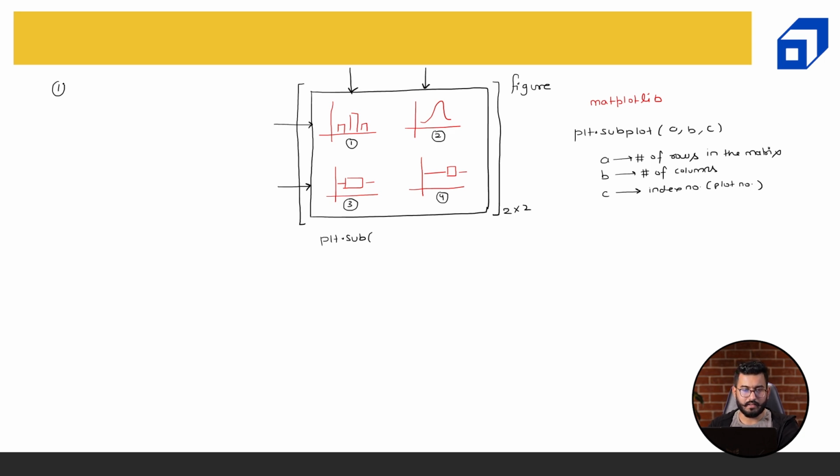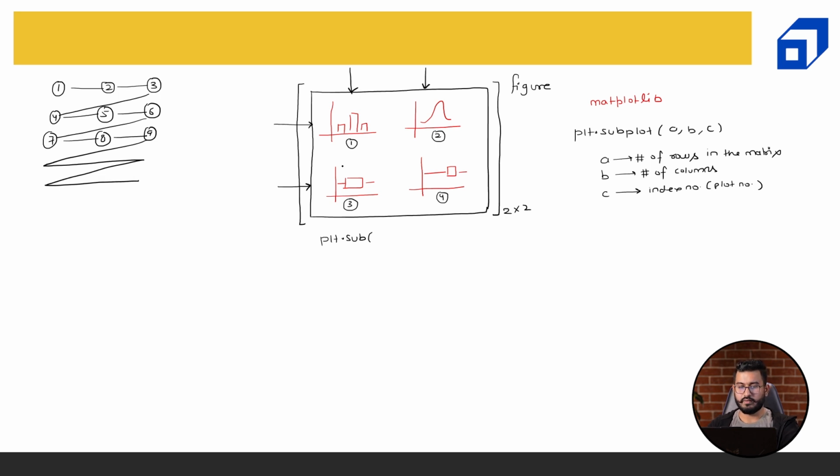So I start from here, 1, then 2, maybe if I am having 3 plots, then 3, then 4, 5, 6, and again 7, 8, 9, and so on. We can keep on doing this, zigzag. Since we are having 4 plots, so 1, then 2, then 3, and then 4.